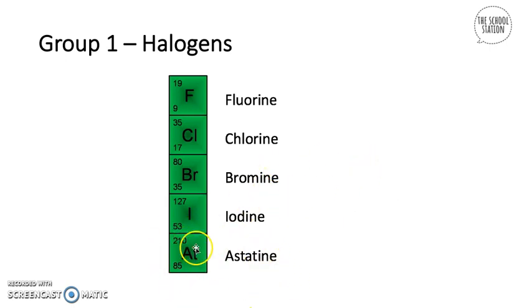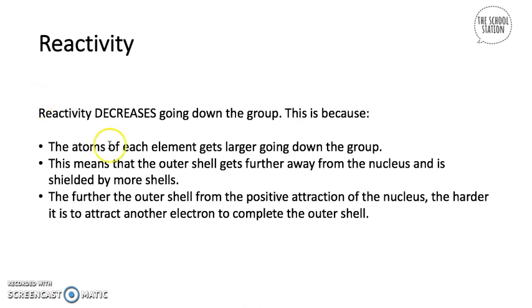The inner shells between the outer shell and the nucleus shield the outer electrons from the nucleus, which makes it harder to attract another electron to complete the outer shell. So when the outer shell is farther away from the nucleus and shielded by more shells, it is harder to attract another electron, and therefore the reactivity decreases going down the group.